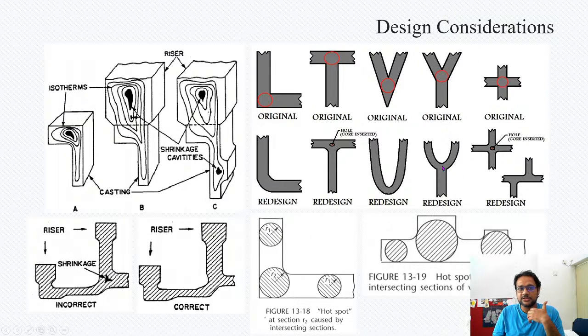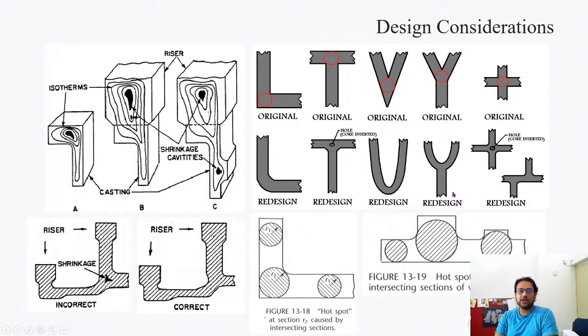So here in this case of Y, you have reduced the sizes of the arms so that there's not too much difference between this place and the other places. If there are differences like this, you will get some hot tears and cavities that are getting created over here.